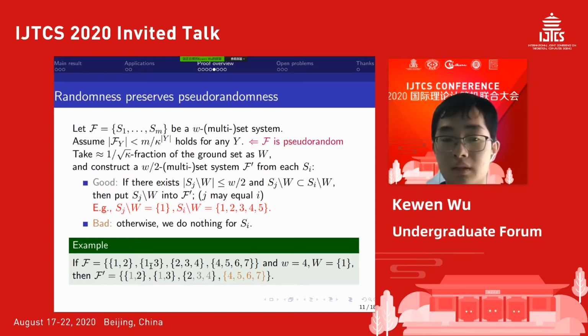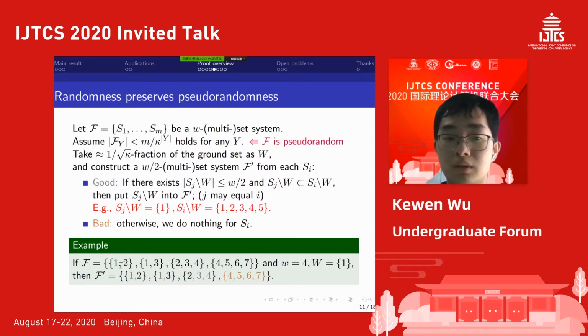And for the second set, 1 is also covered by W. So we only have 3 remaining. So we put 3 into F prime. And for the third set, although the third set minus W still contains 3 elements, and 3 is larger than W divided by 2, we can find that the first set minus W is contained in the third set minus W, and the first set minus W has a small size.